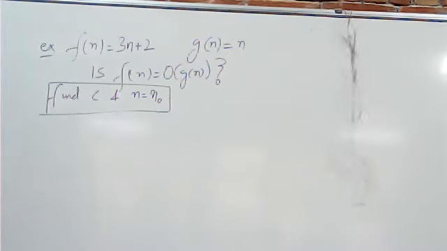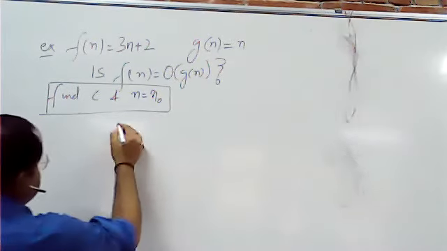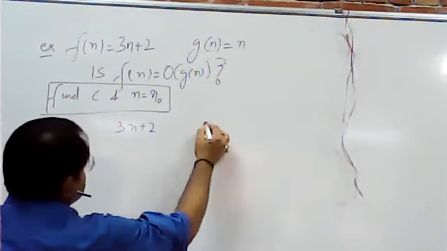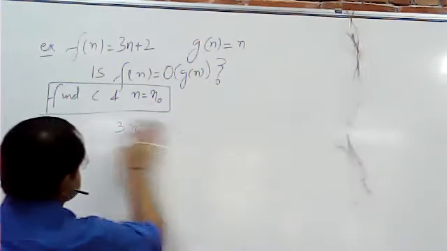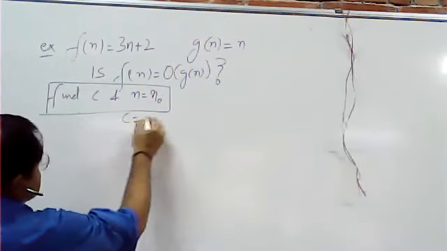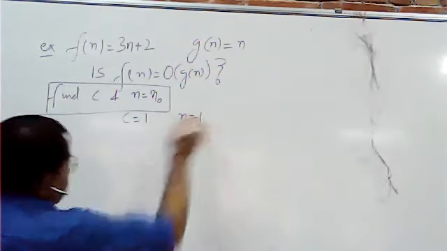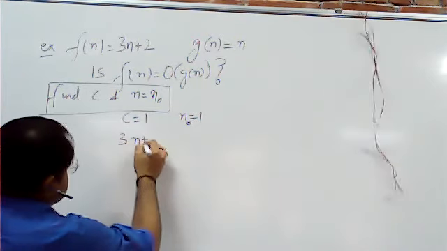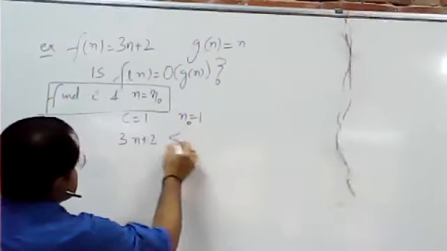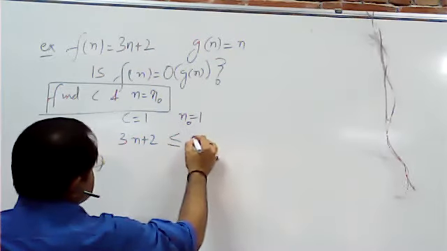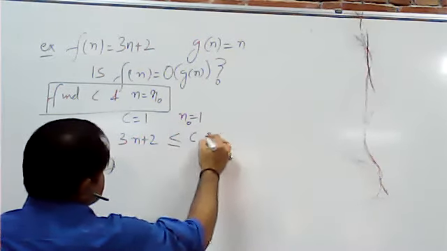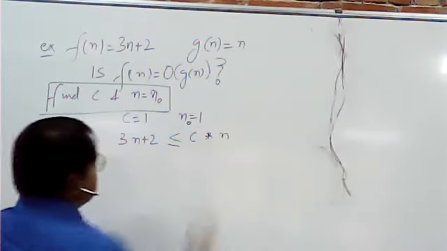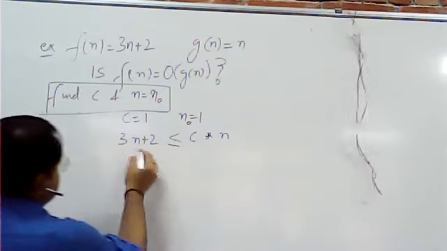Okay, so let's start. We have 3n plus 2 and we have n. Suppose I am taking constant equal to 1 and input size n naught also equal to 1. We are checking 3 plus 2 is less than or equal to C into Gn, C into n, but Gn is equal to n. So n value is 1.